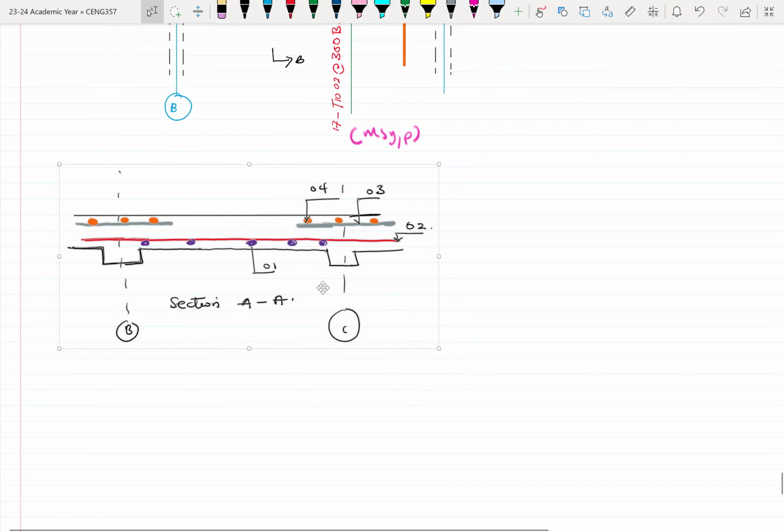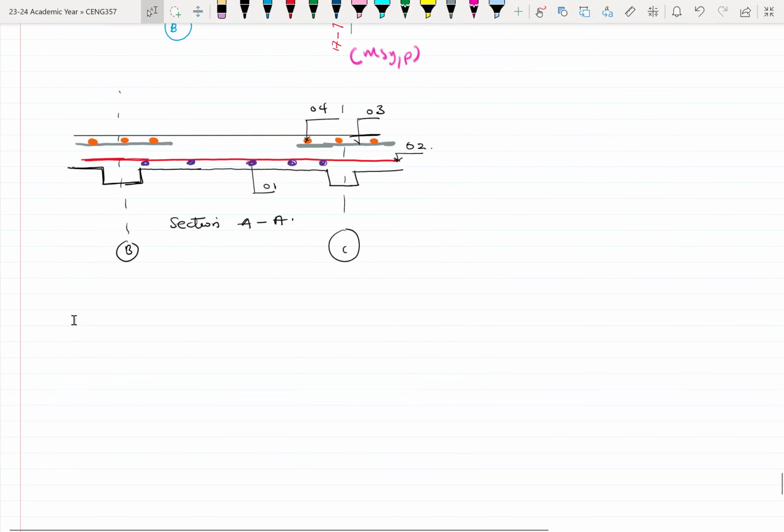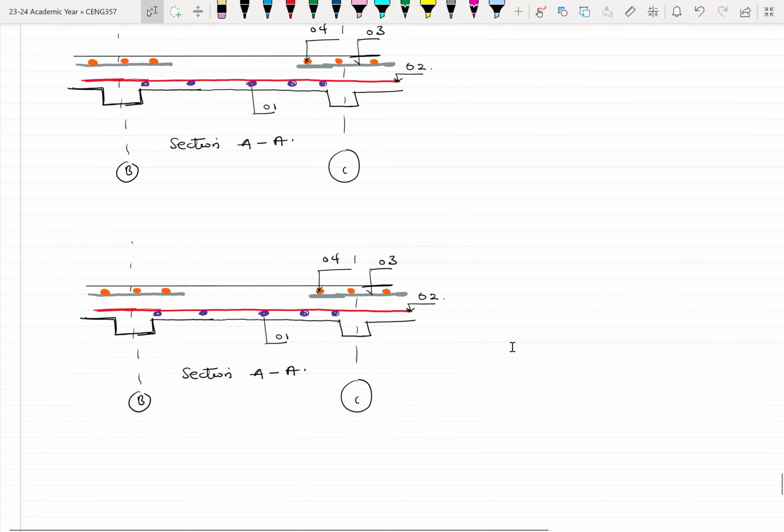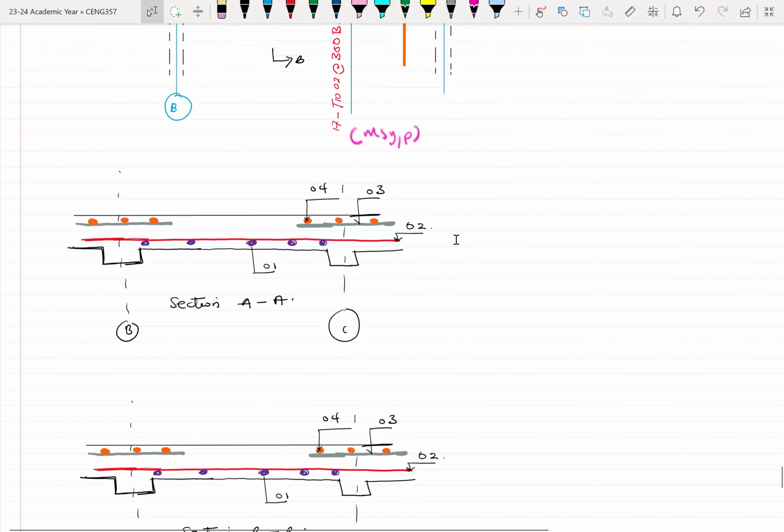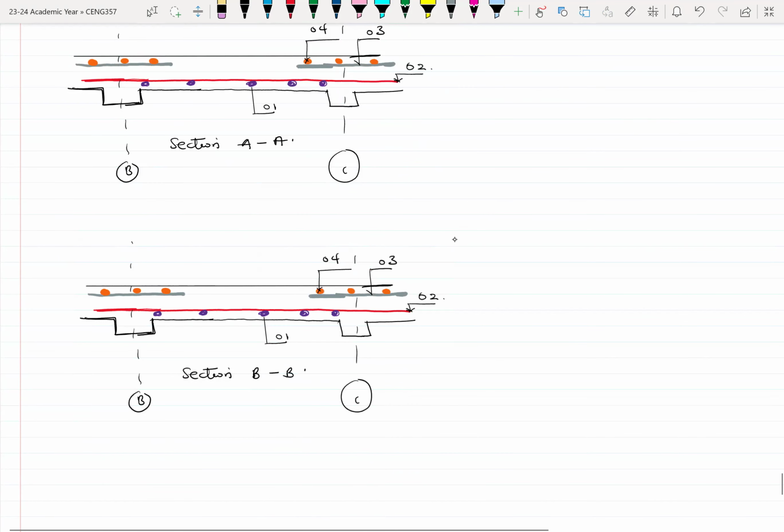I'm just going to sprinkle some magic dust and see what happens. So I'm going to make this one section BB. Section BB, I'll have 2 and 3. So maybe I can make this one 2 and make here 3.